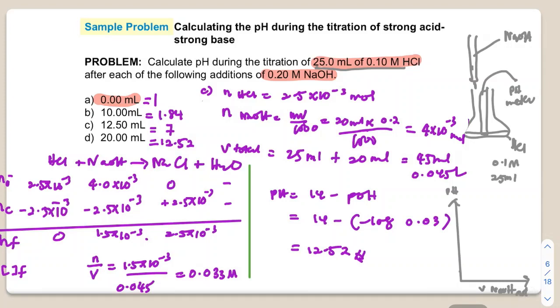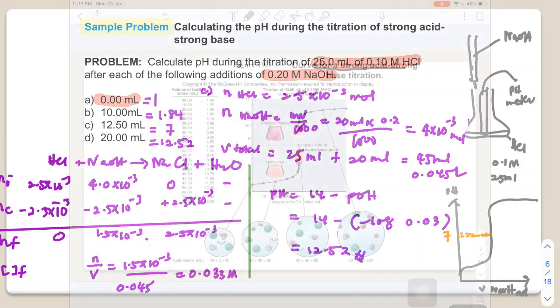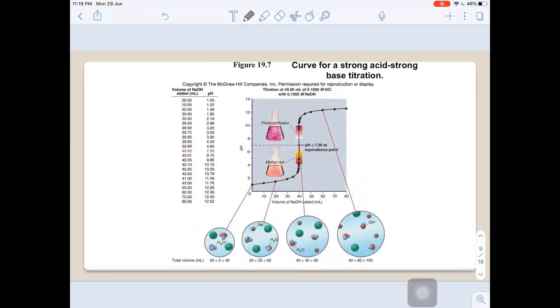So the pH starts low, around 1, gradually increases, and then increases steeply, and gradually increases until a point where it is constant. This is the equivalent point. So this is a titration curve that was plotted.